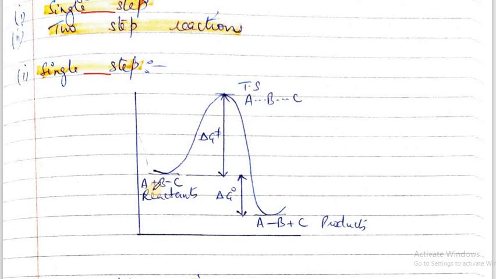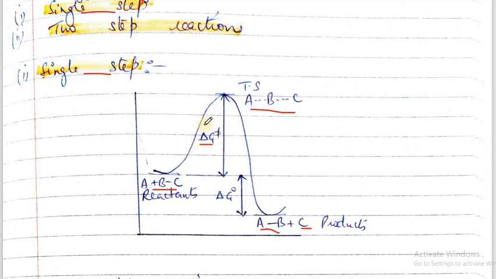So suppose in this, these are the reactants A and BC. In the transition state, all are dotted lines, and then in the products, this bond is formed and this is separated. So we can see now how the energy changes take place in a reaction. In this reaction, we can show delta H double dagger.